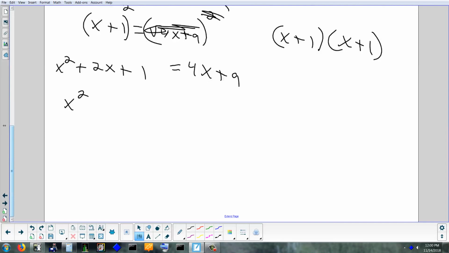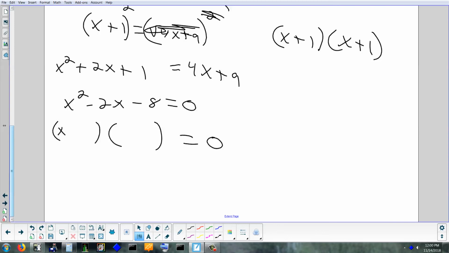So let's do x squared minus 2x minus 8. So I subtracted the 4x, and I subtracted the 9. All right. So two numbers that multiply to give me 8 and subtract to give me 2. 4 and 2.